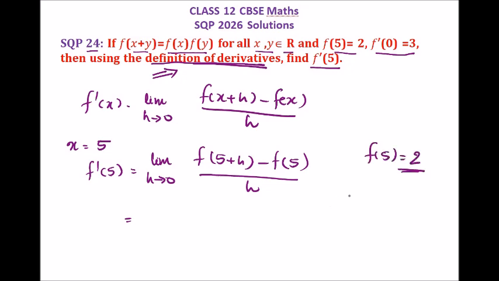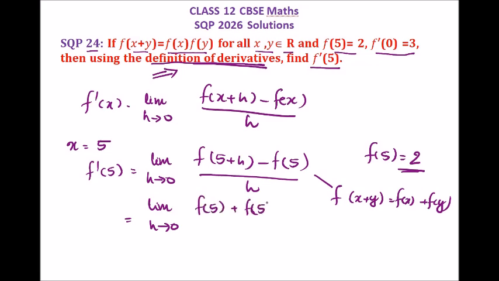Before that, we know that f of x plus y is equal to f of x into f of y. Apply this in f of 5 plus h. Then limit h tends to 0 f of 5 into f of h minus f of 5 the whole divided by h.